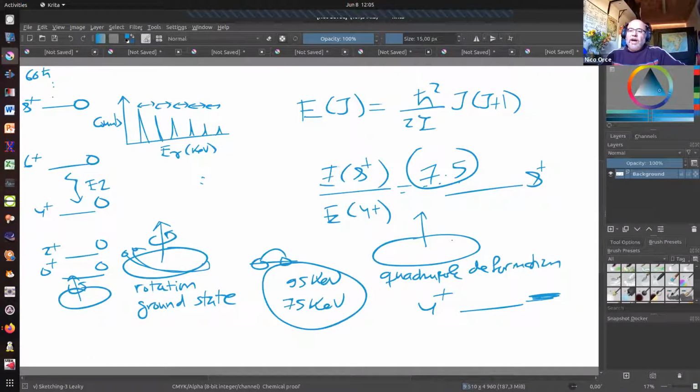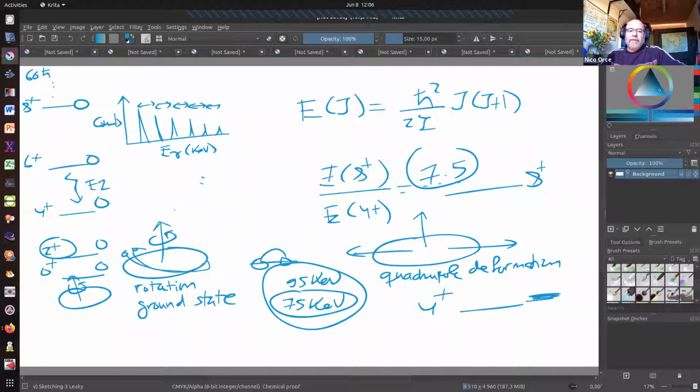Depending on how well deformed it is, the more deformation we have, the easier it will rotate, and the lower this energy will be. But that we don't know unless we see the energy spectrum. So the energy of the 2 plus will always be a given, because we don't know what the shape of the nucleus is beforehand. So we need to have at least one energy to refer to.